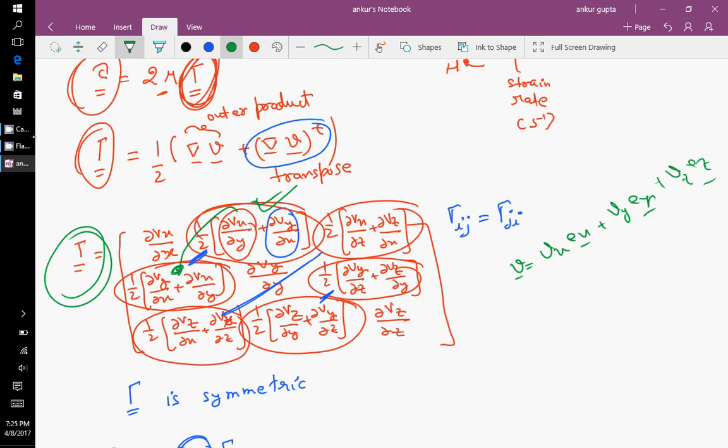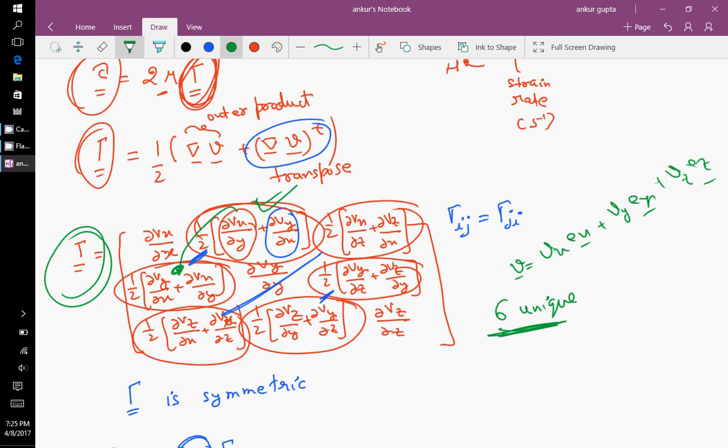So basically, it saves work. You only need 6 unique expressions. You do not need 9 because 3 of them are same. Like 3 out of 6 are basically repetitive. So you don't have to do more work than you need to. Once you have calculated tau, let's say xy or gamma xy, the gamma yx will be the same.